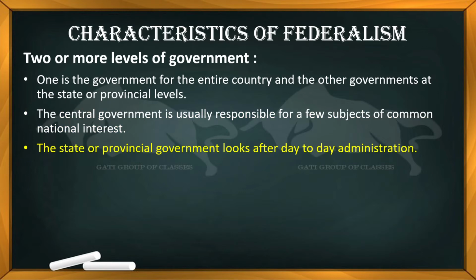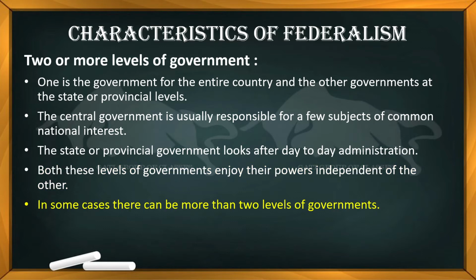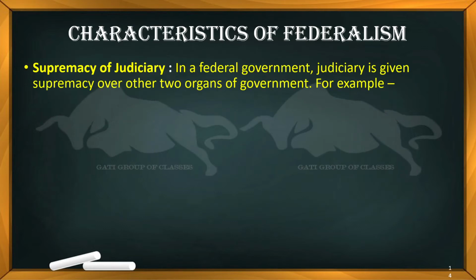And the state or provincial government just looks after their day-to-day administration, only for their own state. Both these levels of government enjoy their power independent of each other, and in some cases there can be more than two levels of government, such as in India. There is a central government, then a state government, and next is the local government.